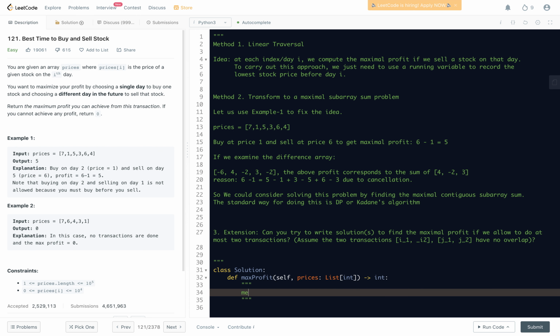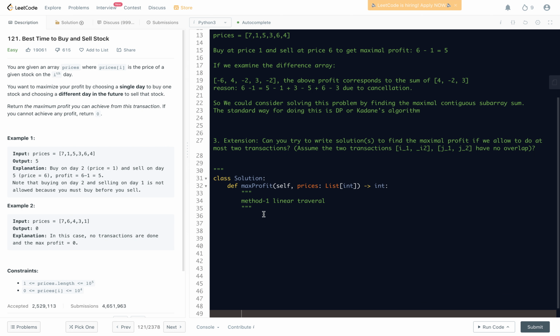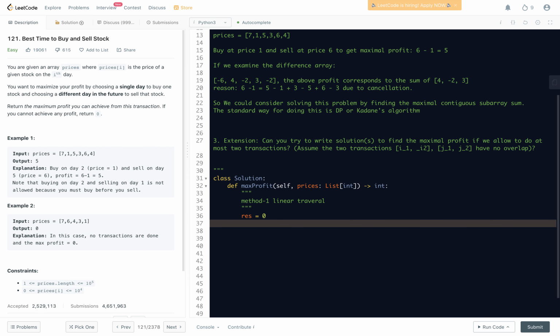This is method 1, linear traversal, which is specific to the problem at hand. We can initialize a result, whose final state is what we want to return, and then we can use a previous min.